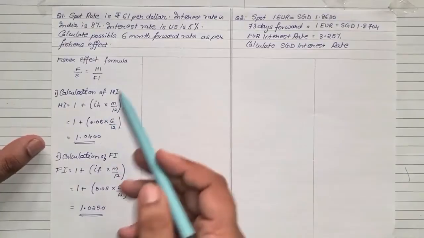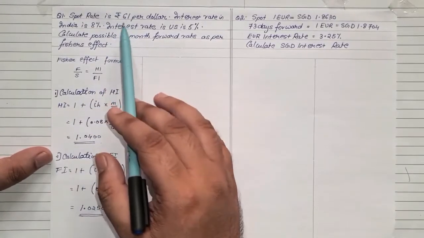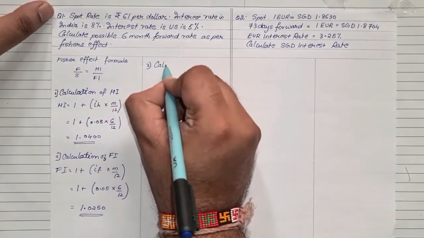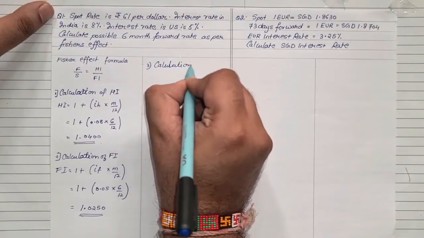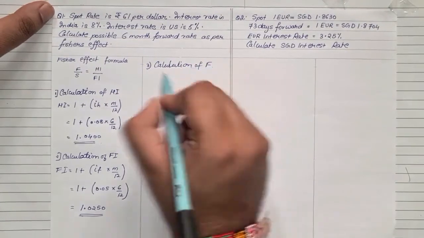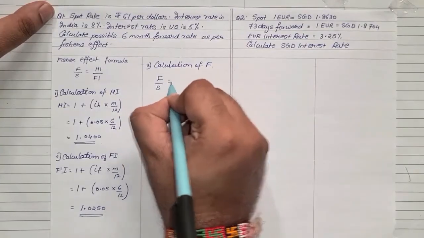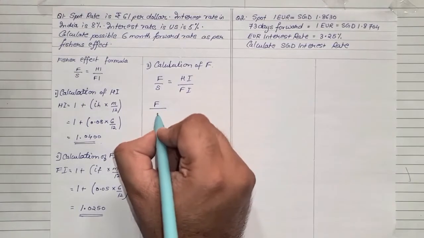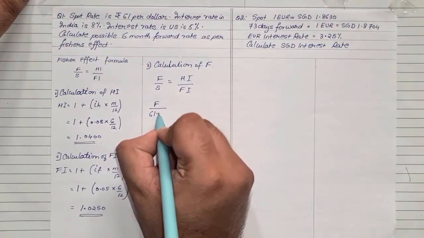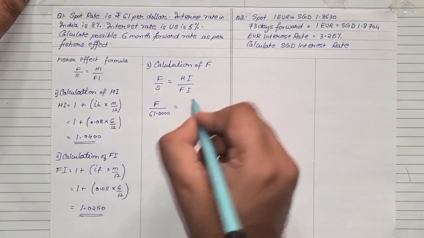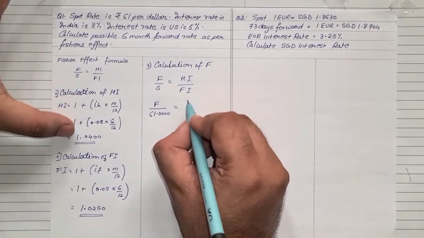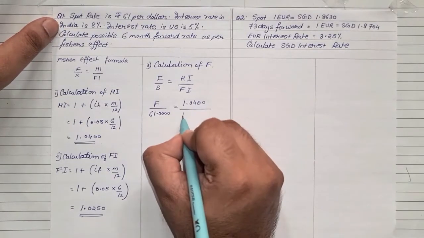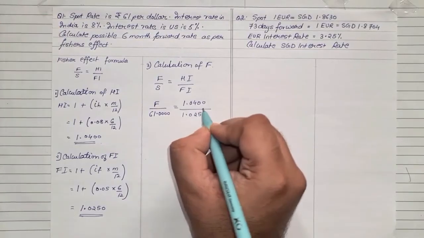So we found HI, we found FI, and spot is already given in the question. Now I can directly find the last step. The third step is the calculation of F, the forward rate. The formula is F upon S equals HI upon FI. Forward we need to find. The spot is 61, written as 61.0000 because we need 4 decimals, equal to HI 1.0400 upon FI 1.0250.